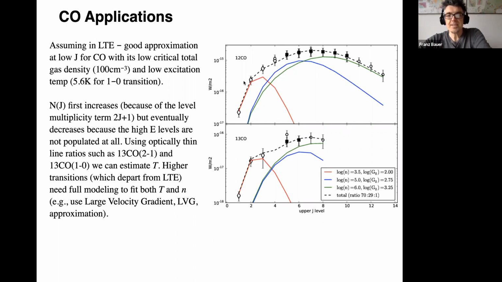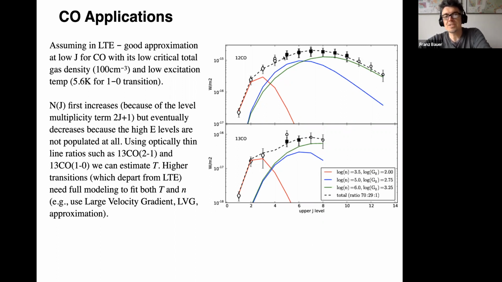You would see something that looks like this. Because you also see higher strength, high J value lines, you need multiple components, and so multiple densities, to model this correctly.